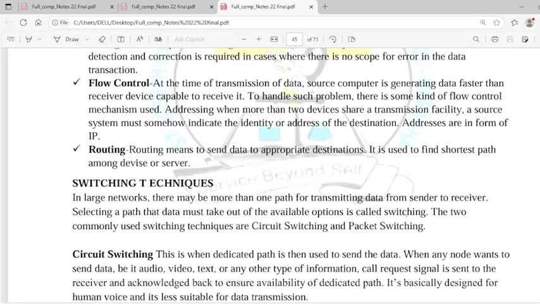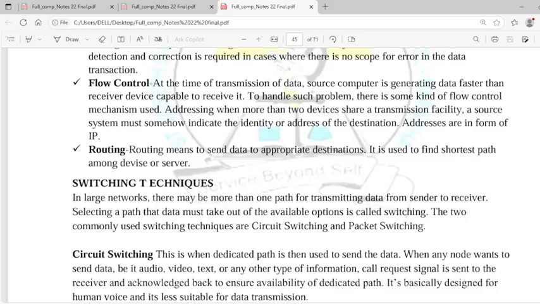Then we have flow control. At the time of transmission of data, a source computer generates data and the destination receives it. So the flow of the data will have to be controlled by the devices in the communication.